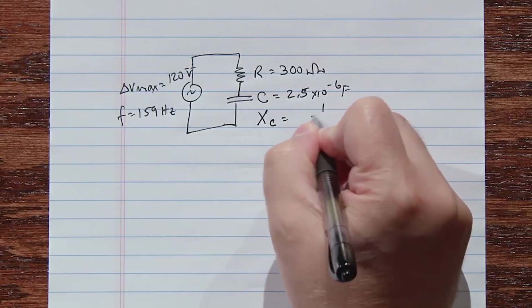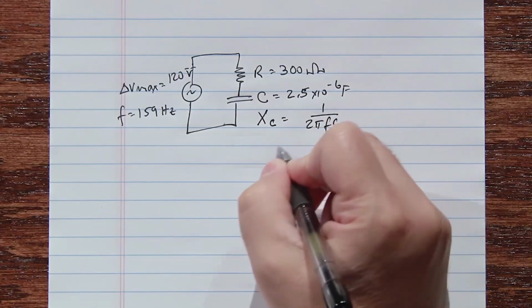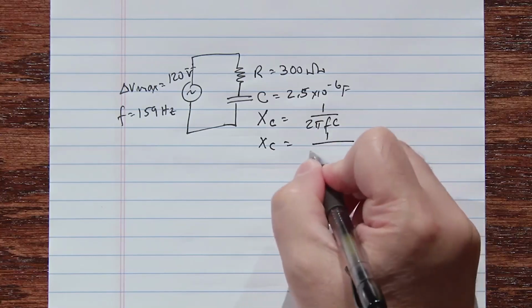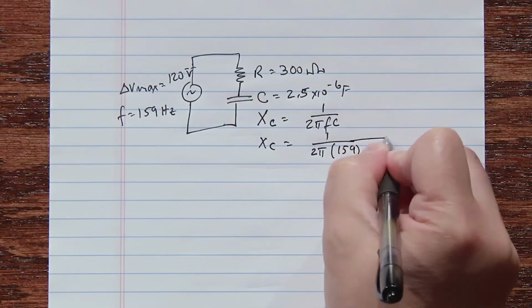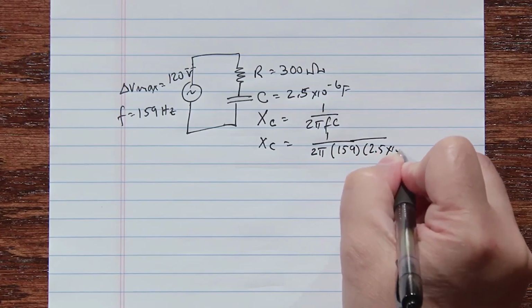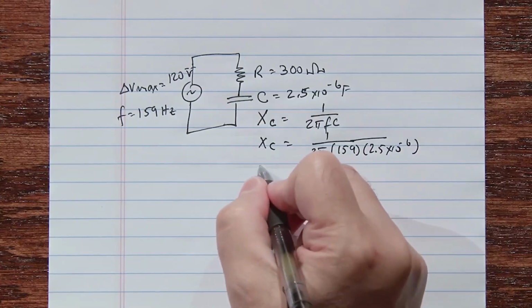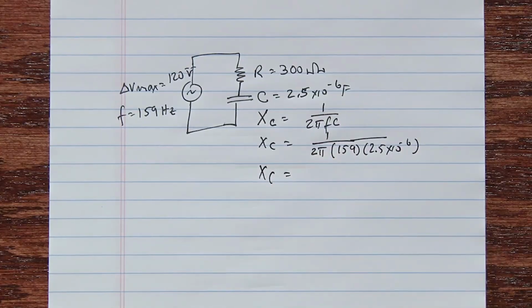X sub C is 1 over 2 pi f C, or X sub C is 1 over 2 pi times 159 times 2.5 times 10 to the minus 6.